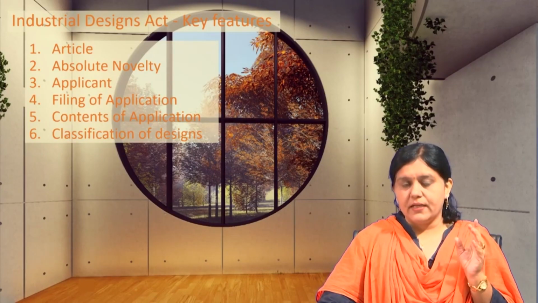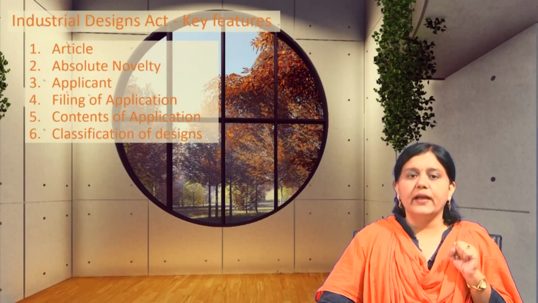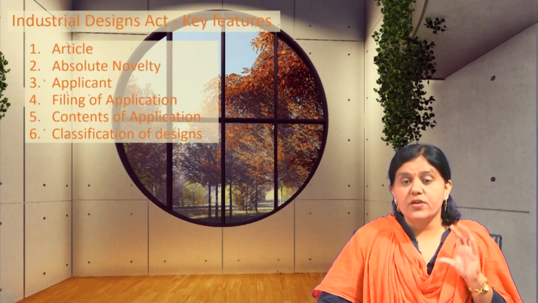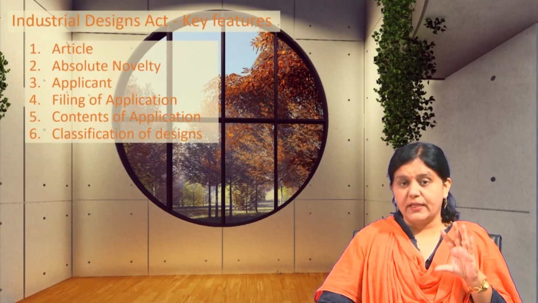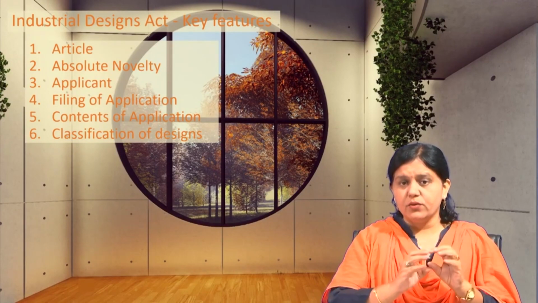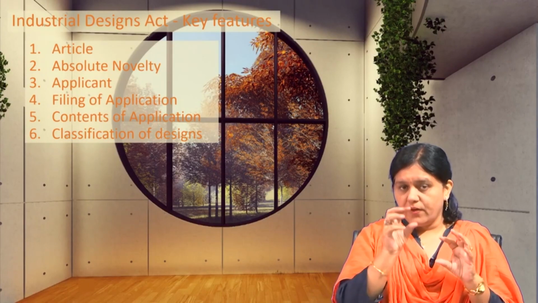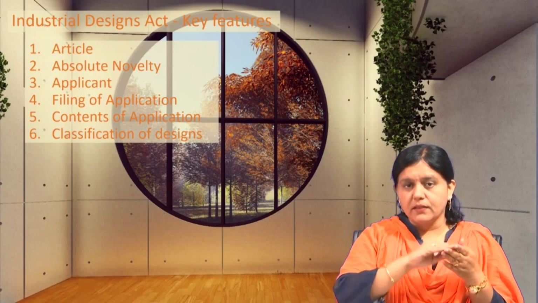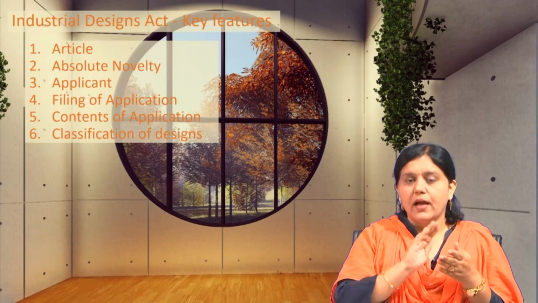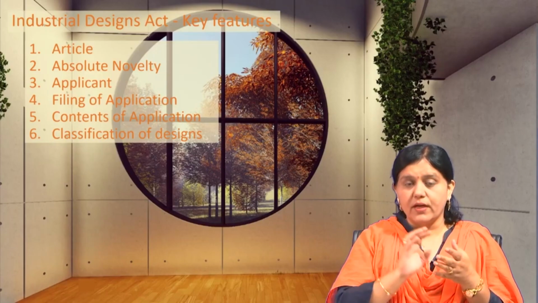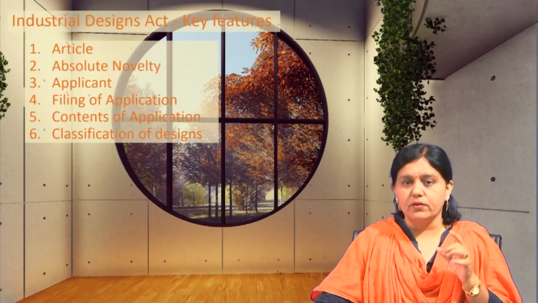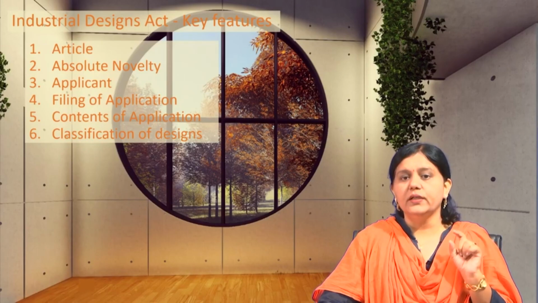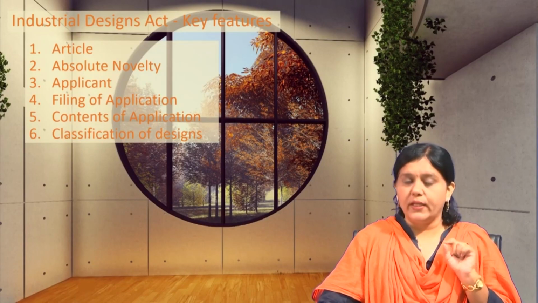We have seen that section 2D defines design as only the features of shape, configuration, pattern, ornament. We have to remember that an article is there, and when we talk about a design, we are concentrating on a feature of shape, configuration, pattern, ornament, or composition of lines or colors applied to any article.